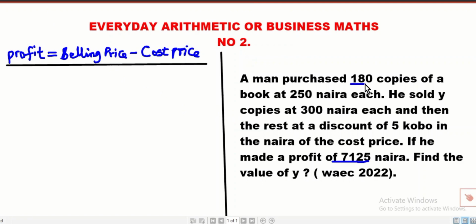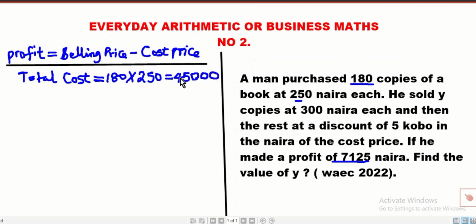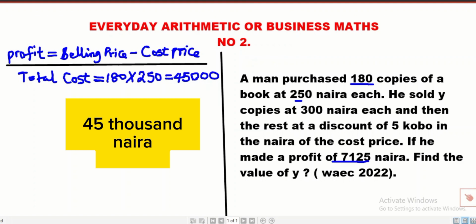Now let us find, since the whole of the book is 180 copies and each of them cost 250 naira, the total cost price, that is the whole of the 180 copies, is equal to 180 times 250, and everything is going to be 45,000 naira.